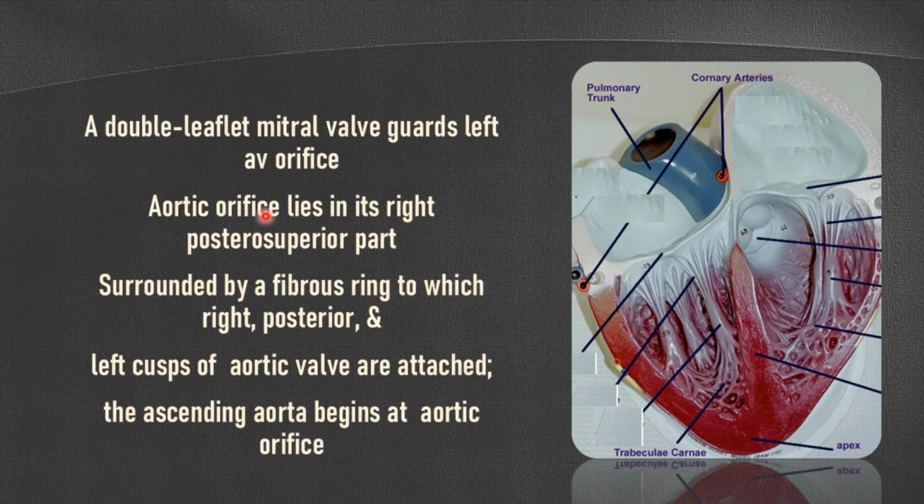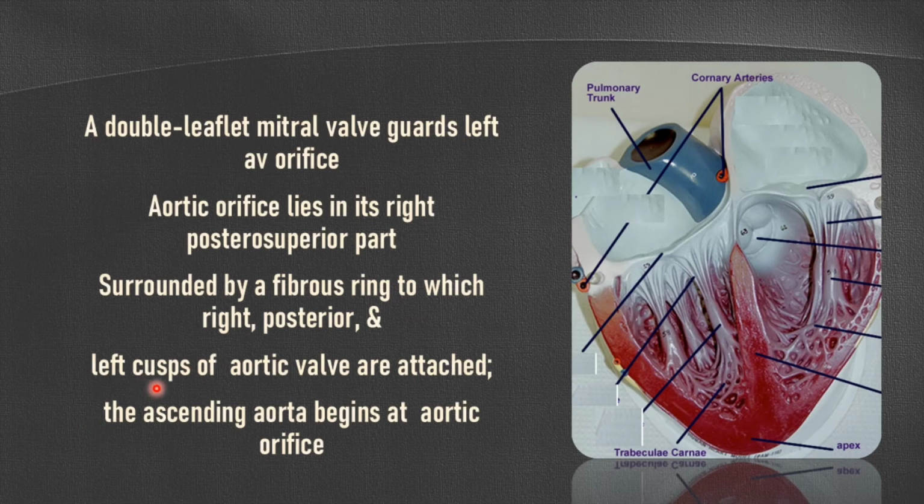So the aortic orifice lies in its right posterior superior part, surrounded by a fibrous ring, which is to the right and posterior, that is, on the right side and posterior as compared to the mitral valve.